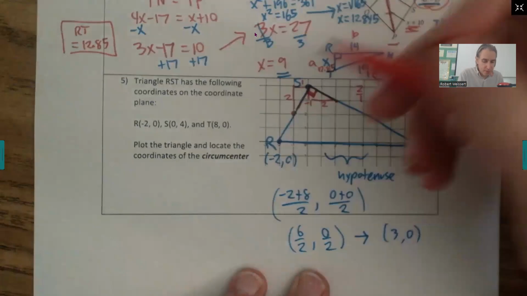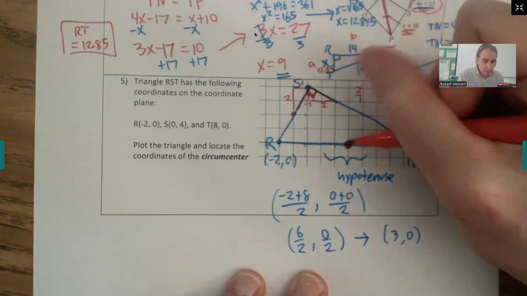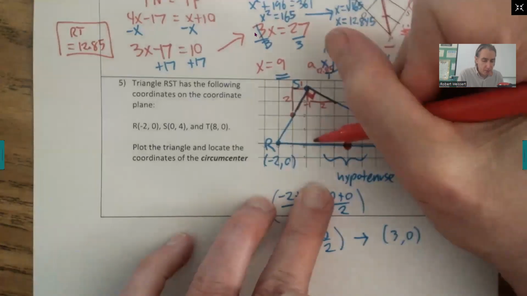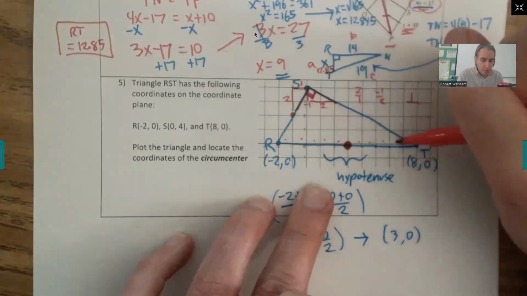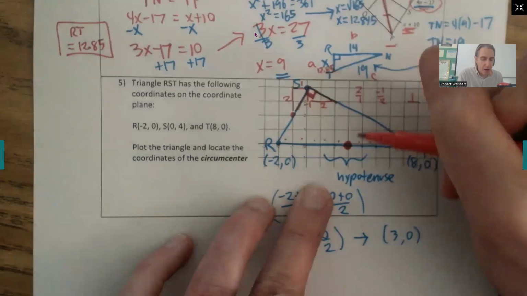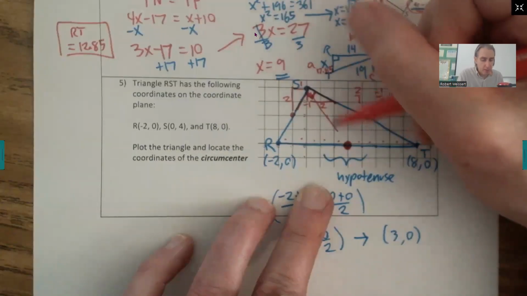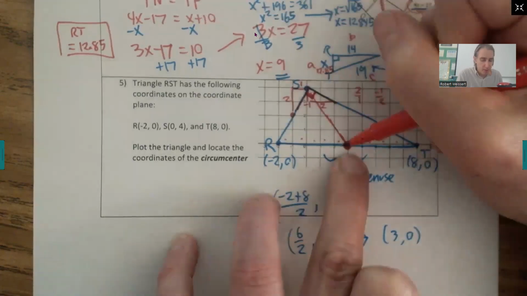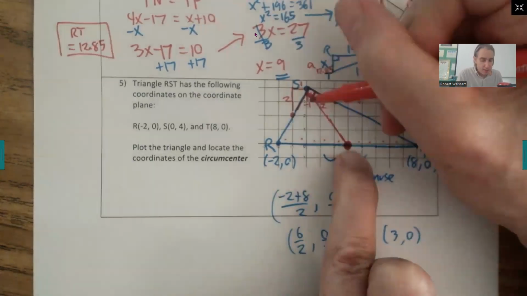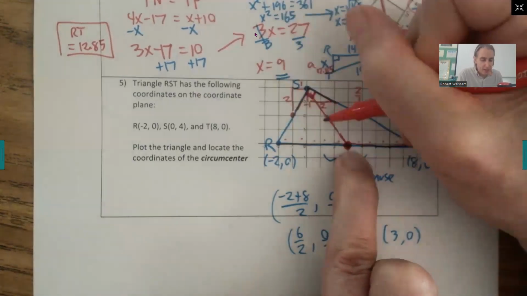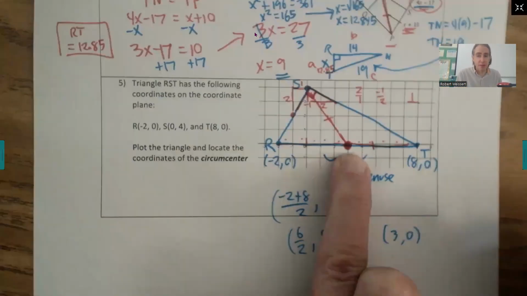If I plot the point 3, 0, that point is halfway across the hypotenuse. It also ends up being the same distance from there to S. Notice that that length is the same as that length, is the same as that length. It's equidistant to all 3 vertices.